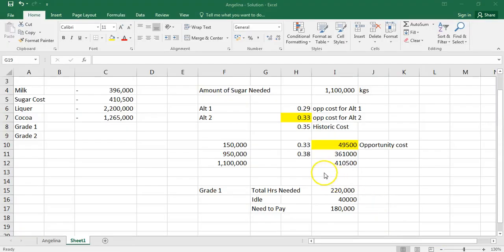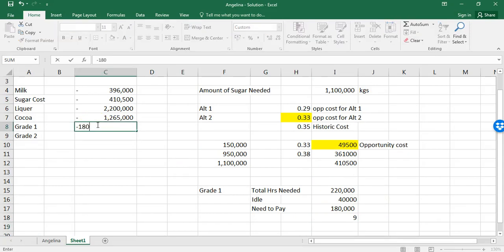What we will need to pay is an extra 180,000 hours at €9. So here it's minus 180,000 times 9. And that's one of the trickier things for students to get their head around. So what we're looking at there is, sorry, it's not 9, it's 850. Apologies, 9 is the current one.